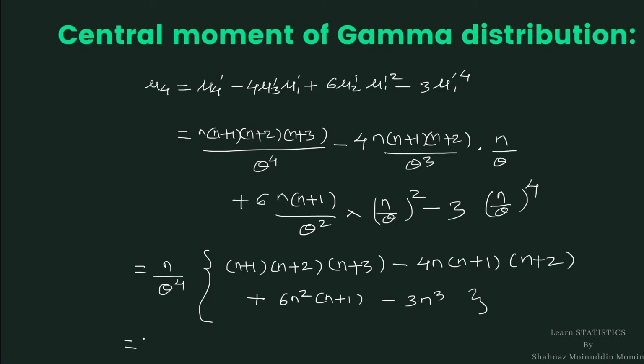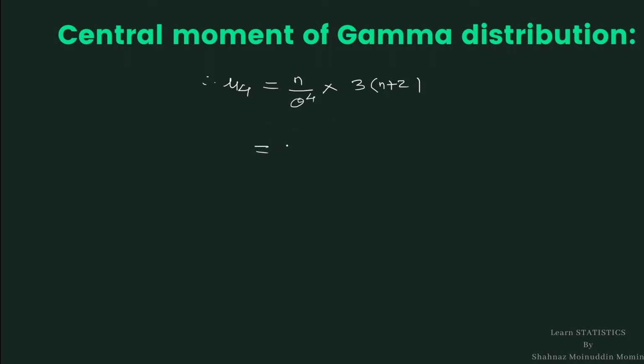After simplifying all the multiplications of the brackets, it comes out to be n by theta raised to 4 into 3n plus 6, which is equal to mu 4 is equal to n upon theta raised to 4 into 3 into n plus 2.